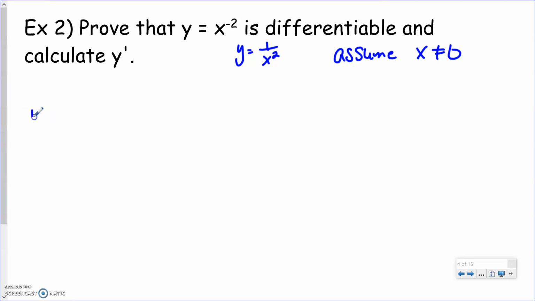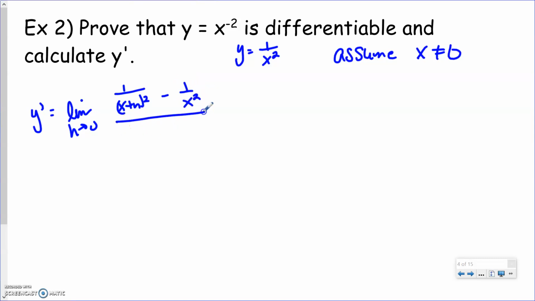And we're going to go ahead and find y prime equals the limit as h approaches 0 of 1 over x plus h squared minus 1 over x squared, divided by h. We're going to simplify, so I'm going to multiply by x squared here and x plus h squared there, so we have common denominators.